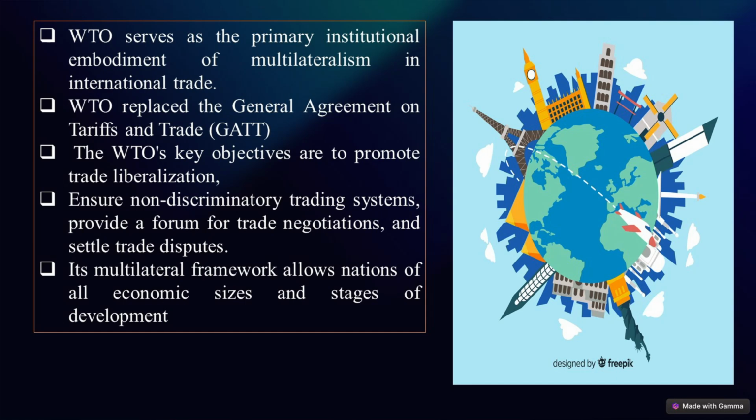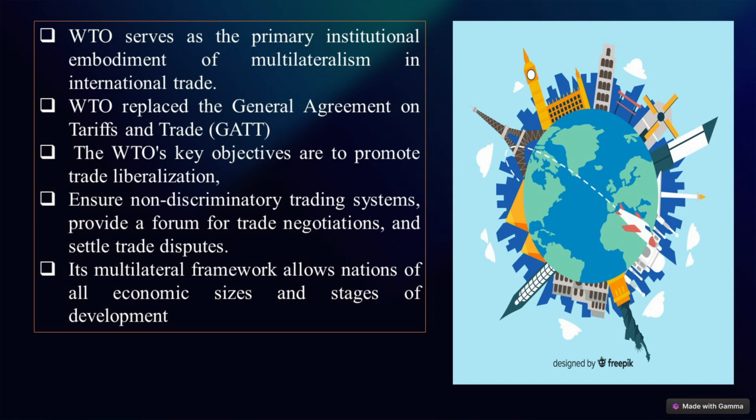Now, what are the key objectives of the World Trade Organization? The key objectives are to promote trade liberalization and ensure a non-discriminatory trading system.